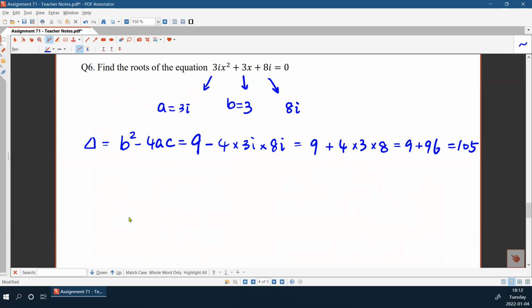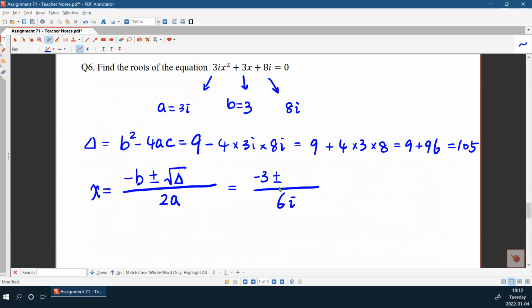You follow me? Then x is given by the formula 2a in the denominator and minus b plus or minus the square root of delta. Then let's put all the numbers in. 2a is 6i. Negative b is negative 3, then plus or minus the square root of 105.